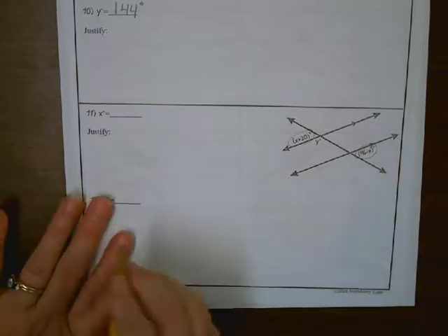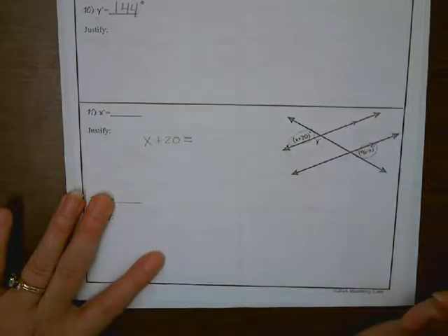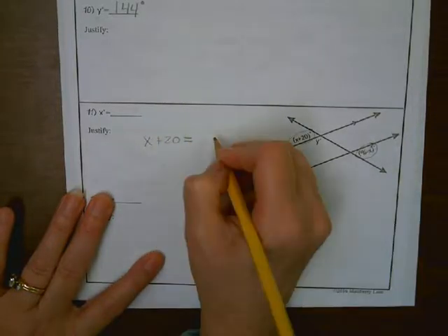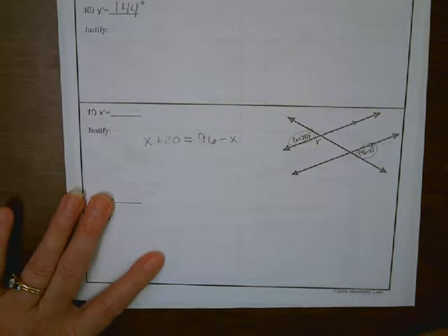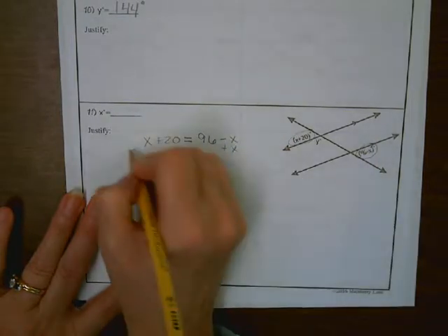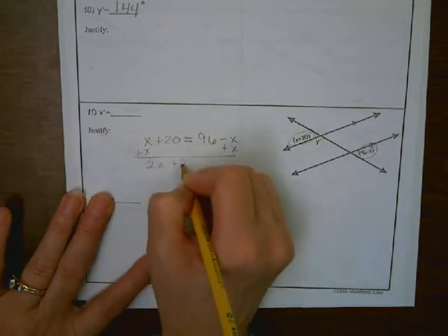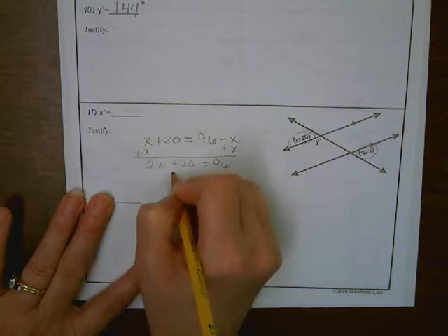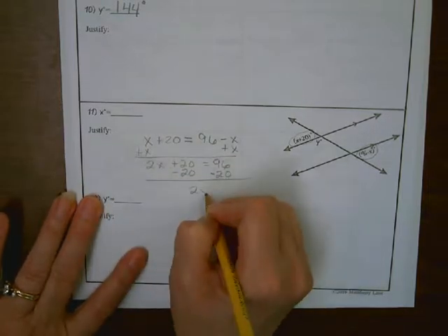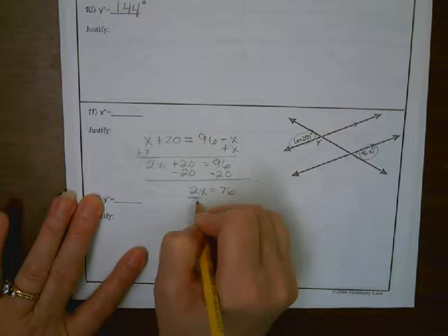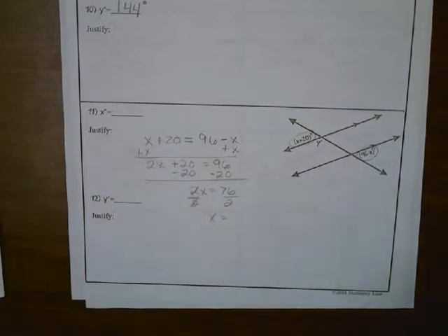X plus 20 has to equal 96 minus X. All right, so let's add an X to both sides. 2X plus 20 equals 96. Let's subtract 20. 2X equals 76.